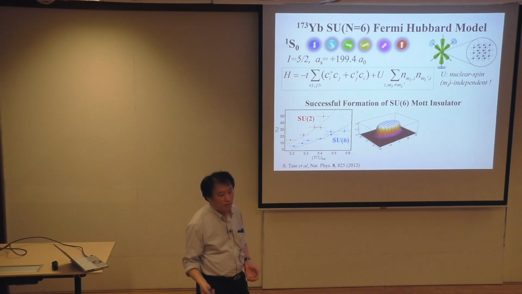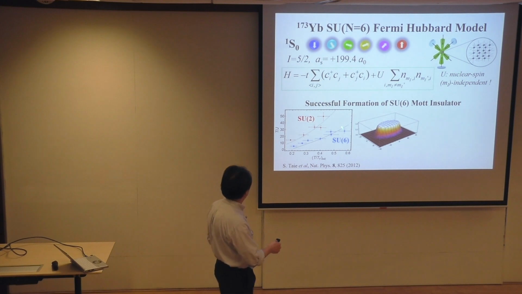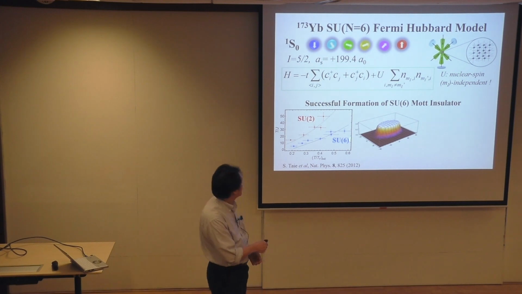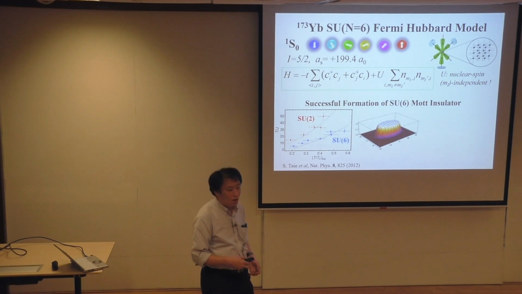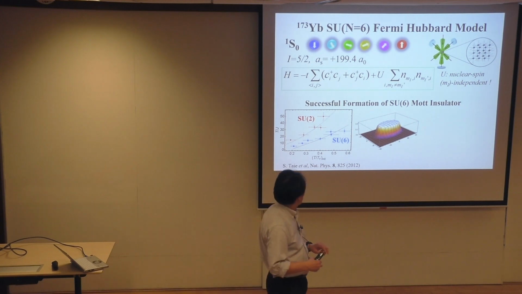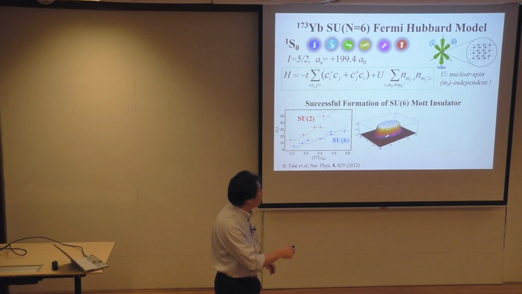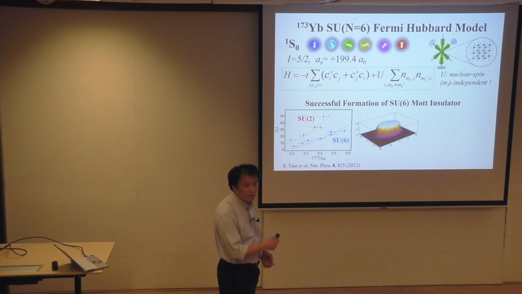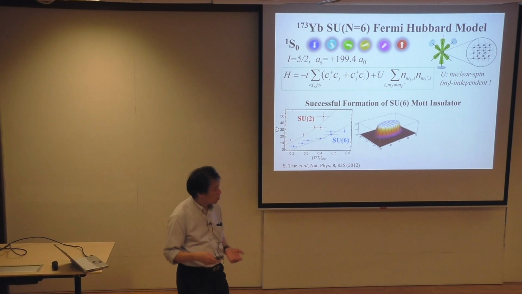Interestingly, a lower temperature is achieved in a system of SU(6) than in SU(2). In other words, the Mott plateau is more easily developed for the case of SU(6) than for SU(2).